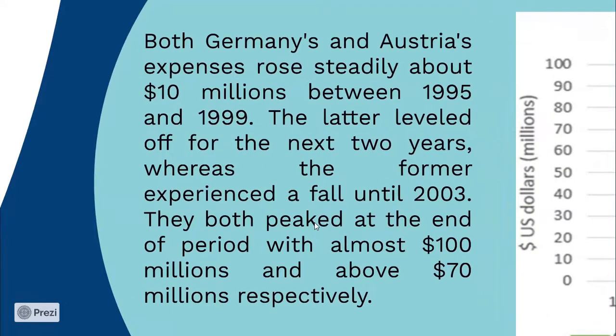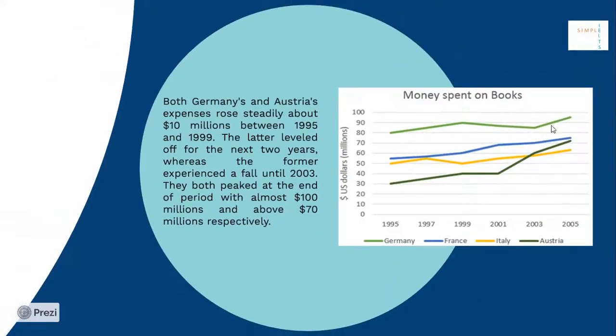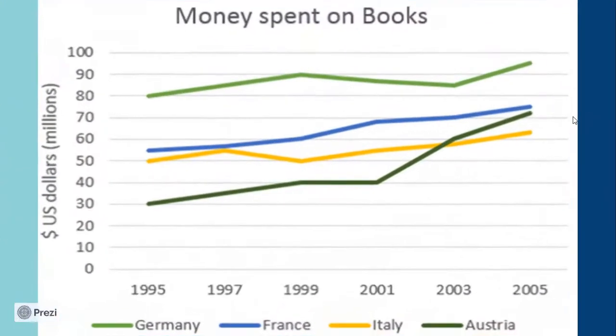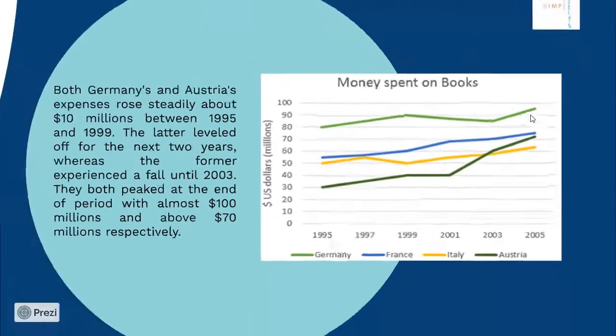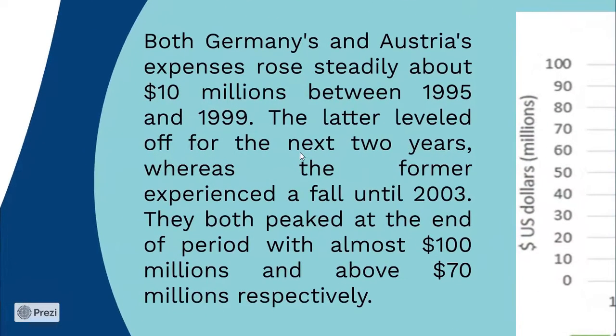They both peaked at the end of the period with almost 100 millions and above 70 millions respectively. So for Germany, at the end of the period, the number almost reached 100 millions, and for Austria, the number rose to more than 70 million US dollars. Okay. By the way, I would like to explain a little bit about how to use the former and the latter.